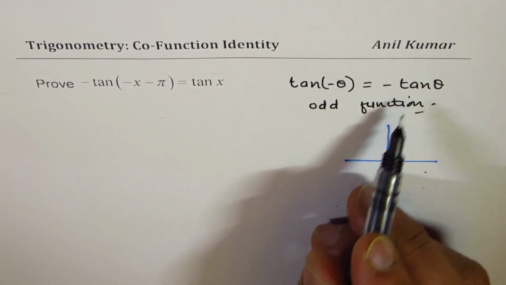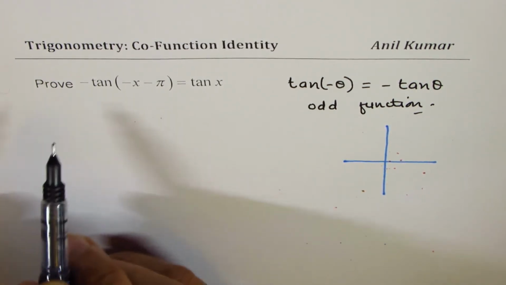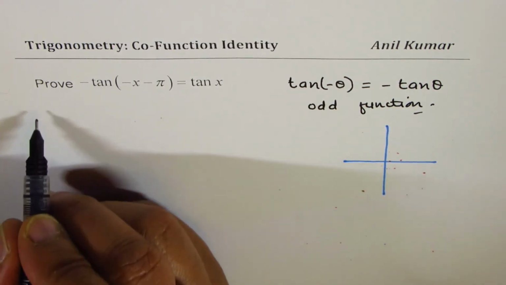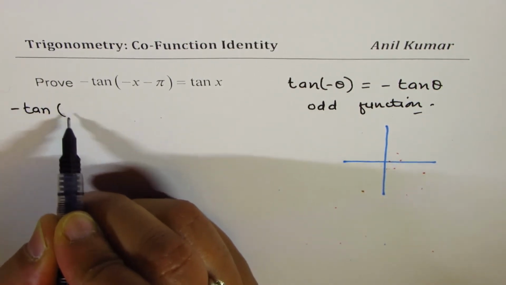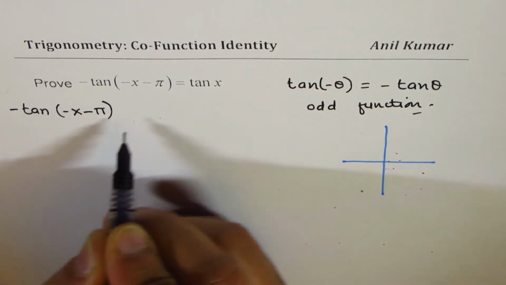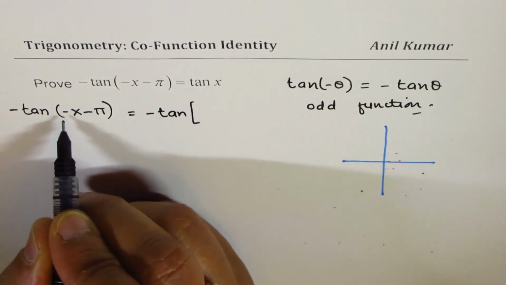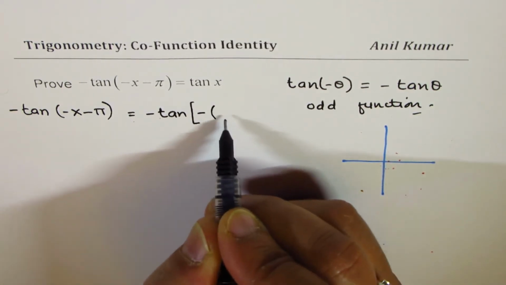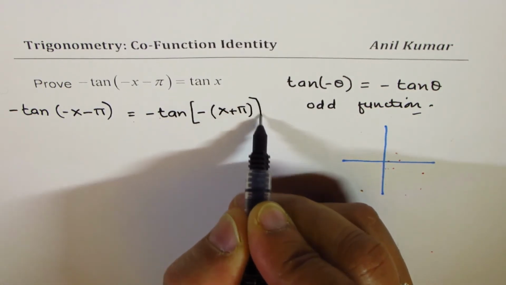That is important to understand. Now, we could write this as: we have minus tan(minus x minus π). I could write this as minus tan within brackets, taking minus common, we get (x + π).